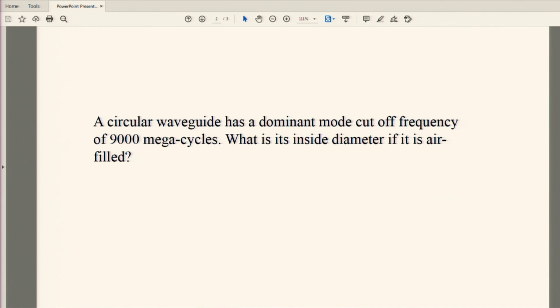So the first question says that we have a circular waveguide and the dominant mode cutoff frequency of 9000 megacycles. So what is its inside diameter if it is air filled?